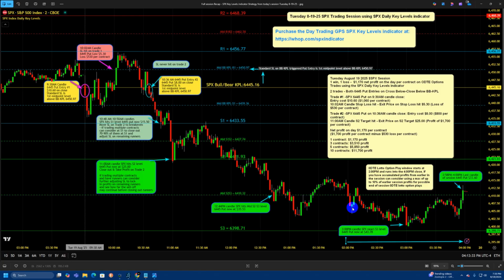So the Lotto option window starts at 2 and of course ends at the session close at 4 p.m. Generally speaking, it's usually better to look at the window as more of a 2 p.m. to 3:40 p.m. window, because that leaves you 20 minutes for the rest of the session into the 4 p.m. close if you're going to enter right before 3:40.